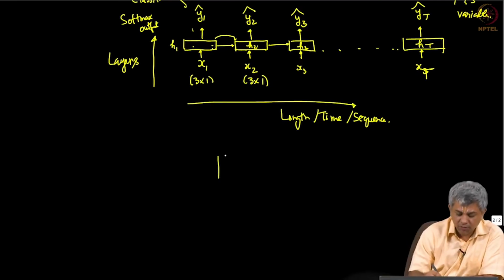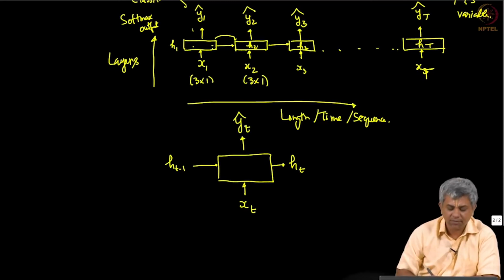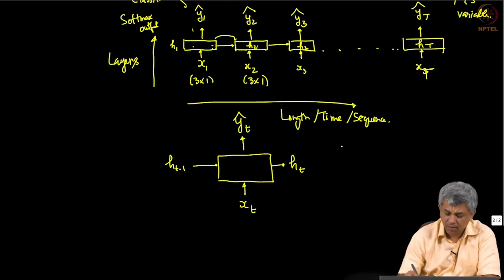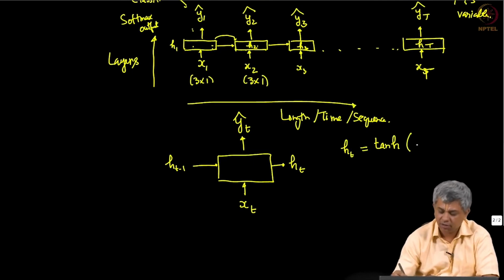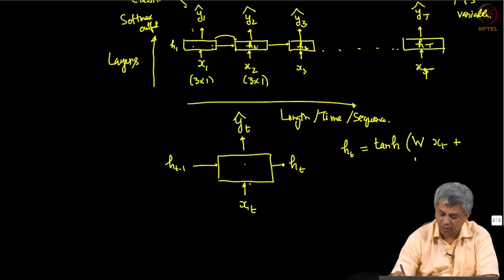Recollect, if you have xt, ht minus 1, ht coming out, and let us say y hat t, then ht is, let us say I will say tan h in this, but some non-linearity of some weight matrix multiplying xt plus some other weight matrix multiplying ht minus 1.